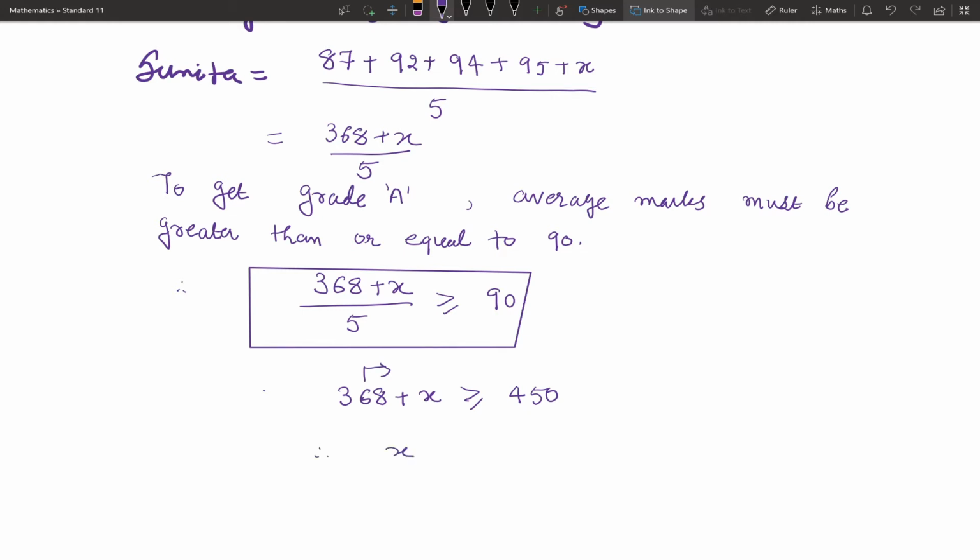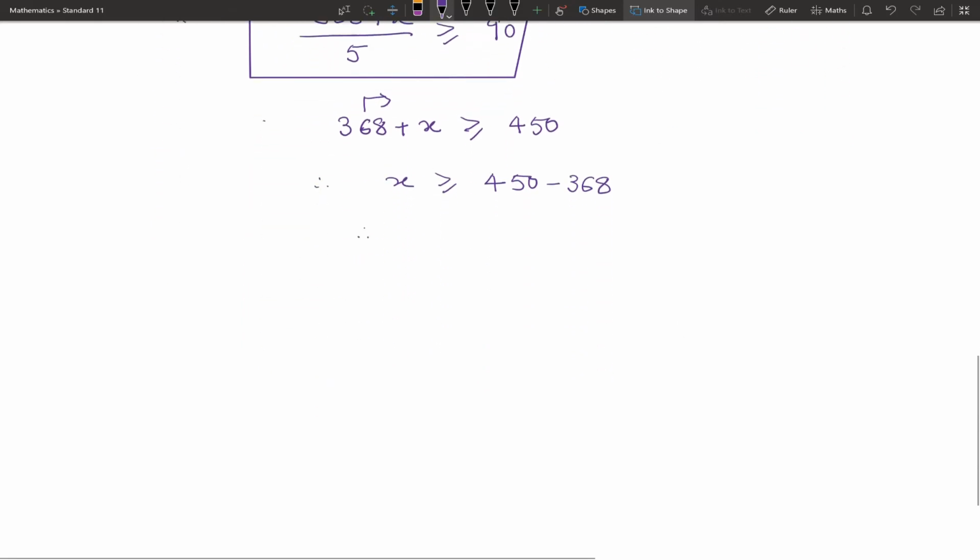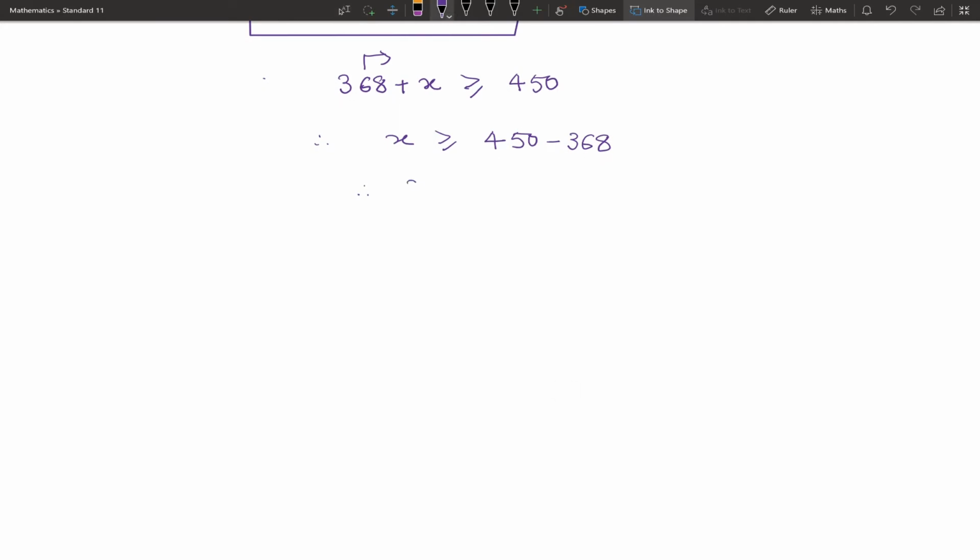So X is greater than or equal to 450 minus 368, and solving this, we get X greater than or equal to 82. So the interpretation is Sunita should get 82 or more than 82 marks to secure A grade.